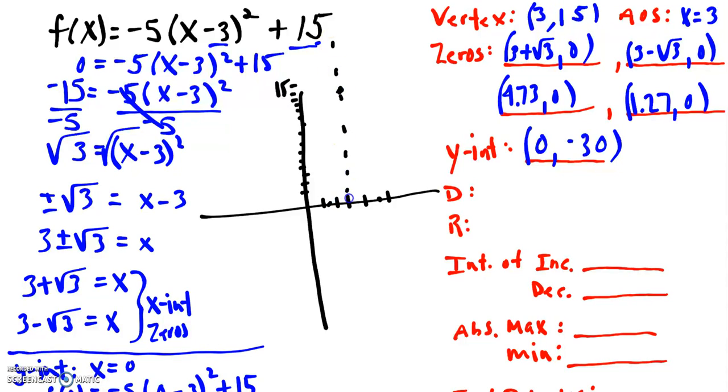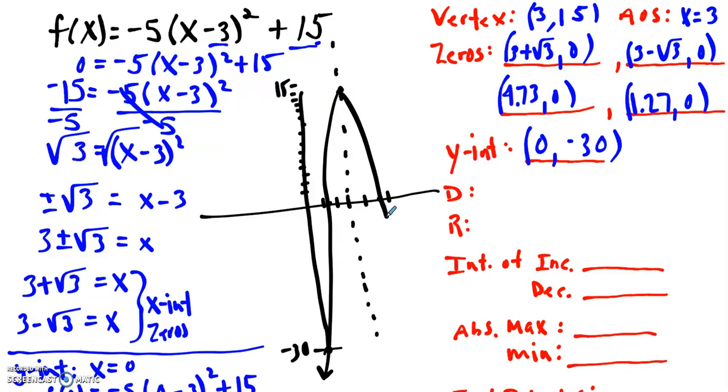I'm going to draw my axis of symmetry in at 3. My y-intercept's way down here at negative 30. So let's graph the best we can. And to connect that fifth point, we're 3 units away from the axis of symmetry. So 1, 2, 3, I'm going to be out here.